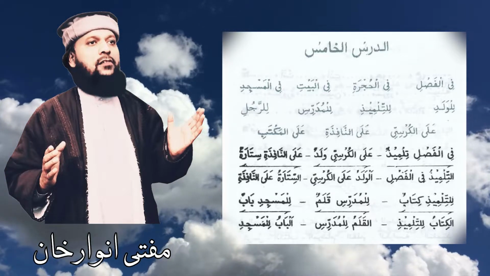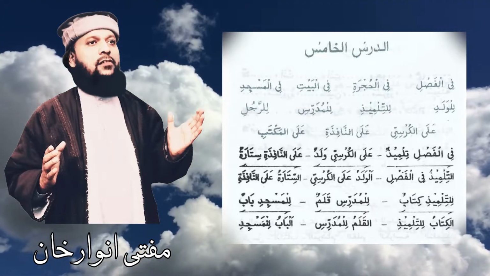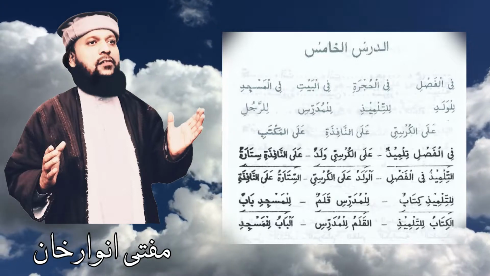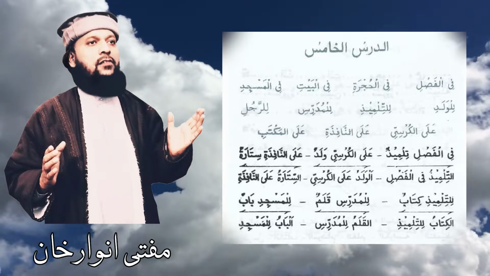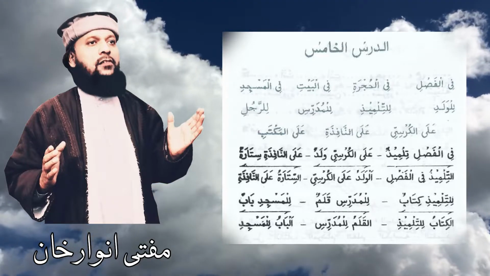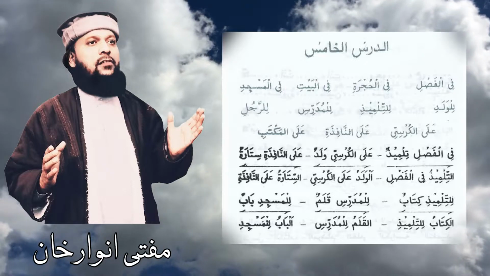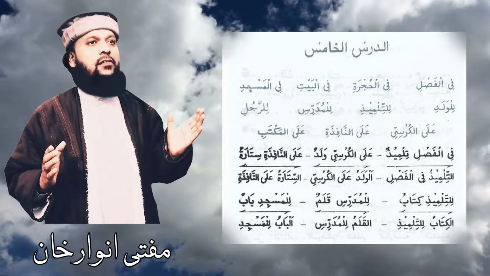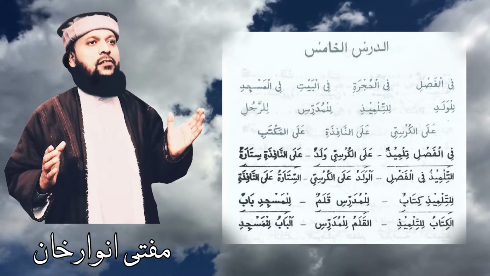Okay. So another important point which needs to be made clear is that if a noun is preceded by a preposition, in that case, that noun will always have a kasra.